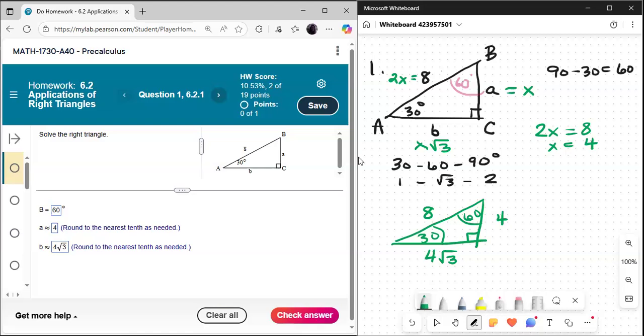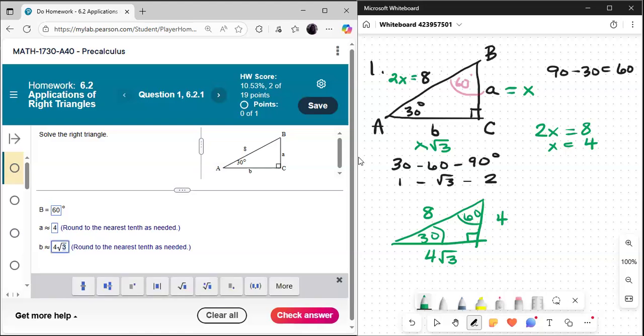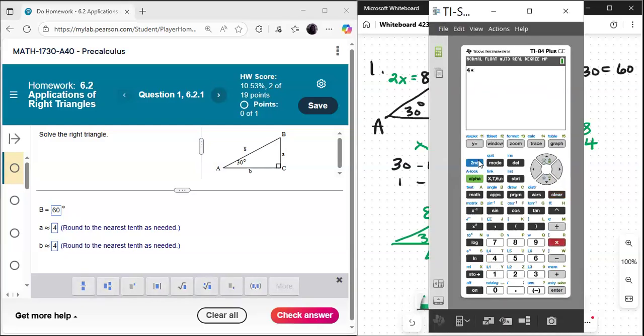It says round to the nearest tenth, so we have to express the square root of 3. On my calculator, 4 times the square root of 3 is 6.9, rounded to the nearest tenth.